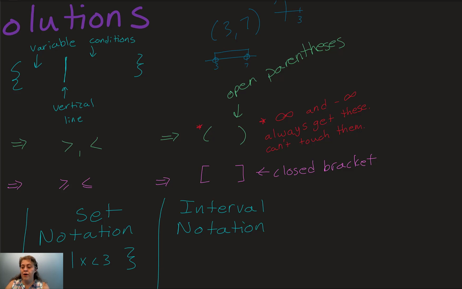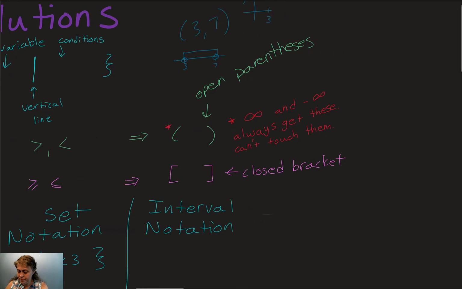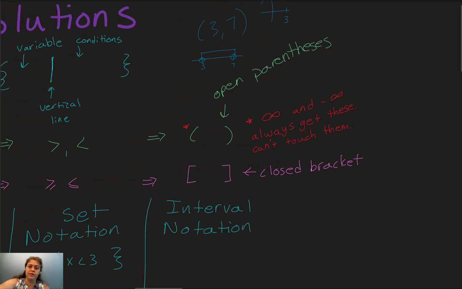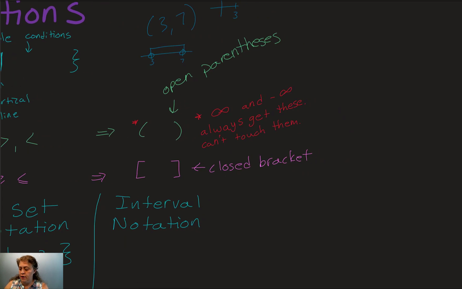One quick little note about the parentheses. If you're going off into infinity or going off towards negative infinity, you always give parentheses to the infinities. So your process for this one is you have your lowest number, then you put a comma, and you put your highest number.